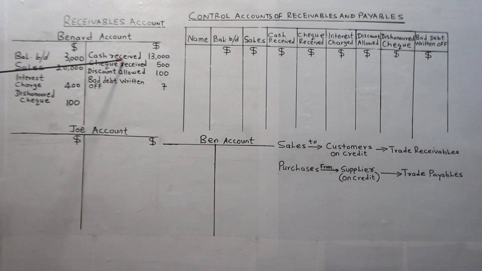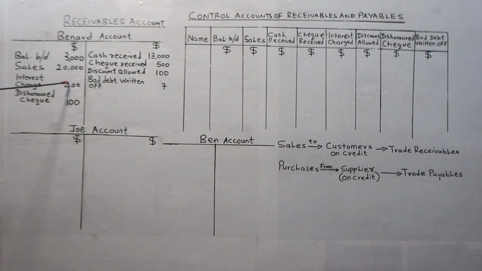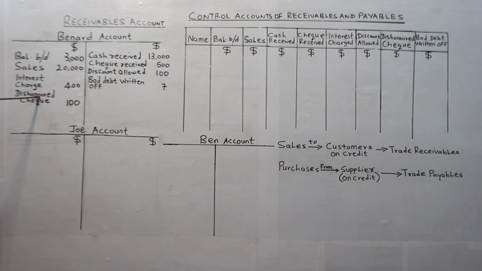Part of the checks received from Bennett of $500 can also be dishonored by the bank. If this occurs, part of such check dishonored or all of the checks dishonored will also be debited. As you can see, we have $100 as dishonored check, representing part of the check of $500 that has been dishonored.